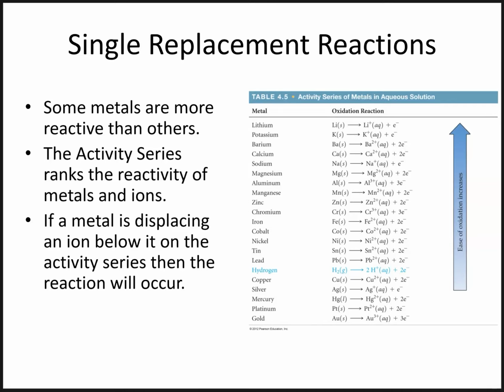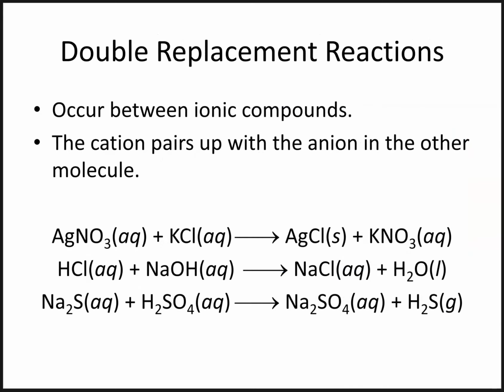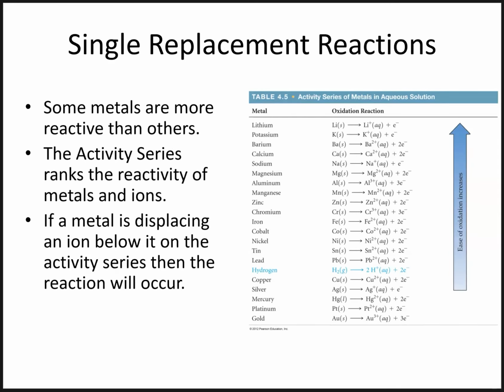So we see zinc right there, and we can see copper's down here. So zinc metal is higher up on the scale than copper. Therefore, it is more reactive and the reaction will take place.